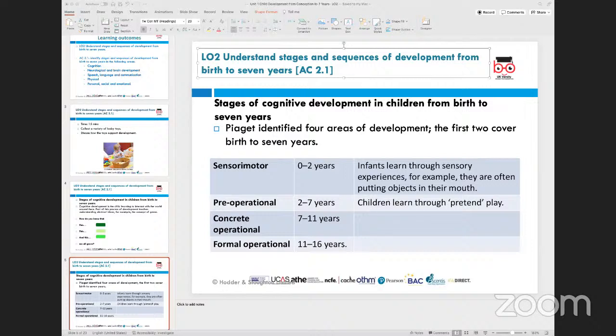When we talk about the formal operational age, here the cognitive development, typically which starts at the age of 11, has fully developed into a logical, I would say, rational thinking process. They have the ability to synthesize information.